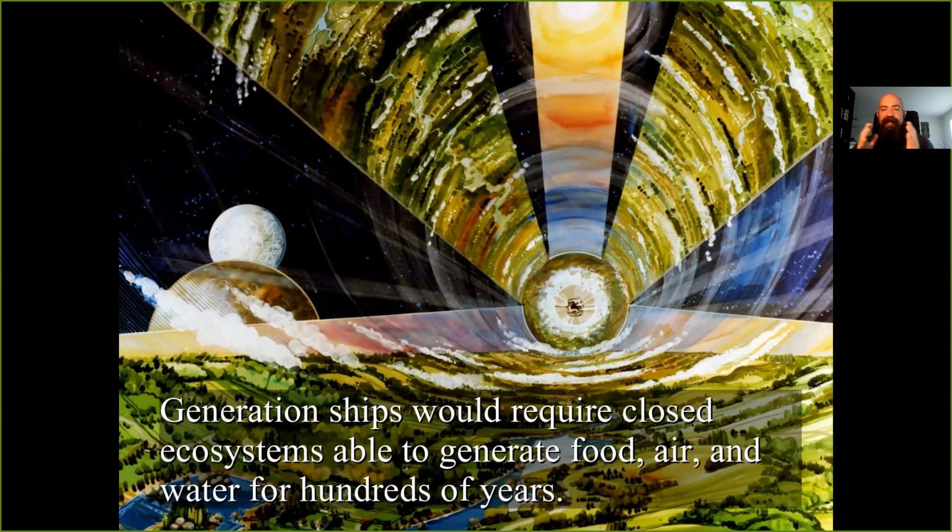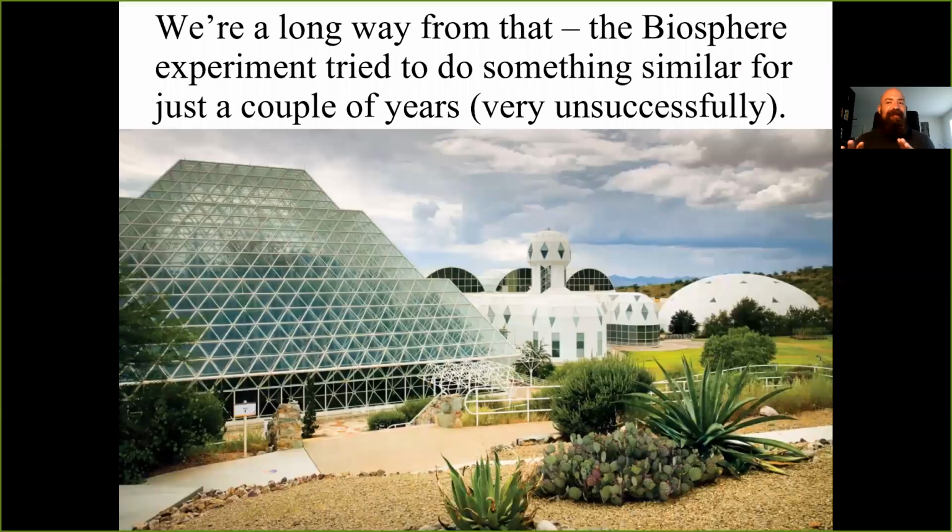So this means you need a closed ecosystem able to generate all of this life support, and it needs to work continuously and basically perfectly for hundreds of years. And that stretches our understanding of ecology beyond its limit. We actually did try to do that just for 2 years in the Biosphere experiment, and it wasn't successful. Their CO2 levels, I think it was CO2, spiked through the roof.